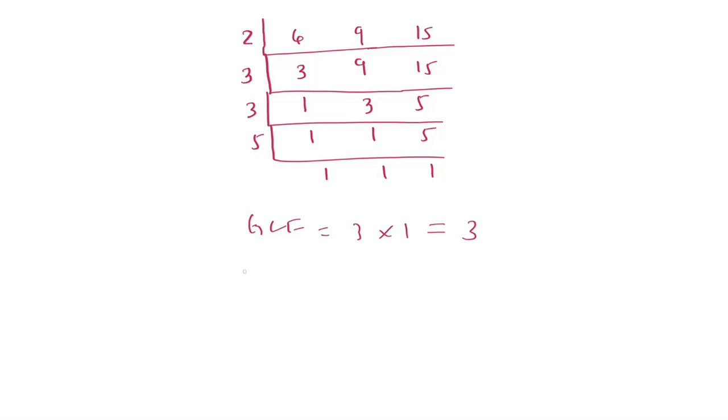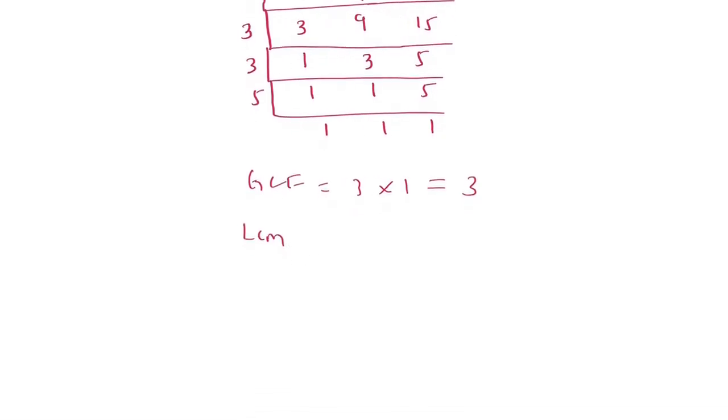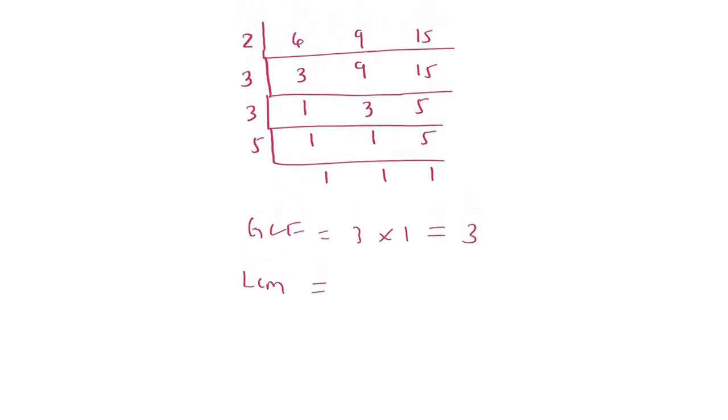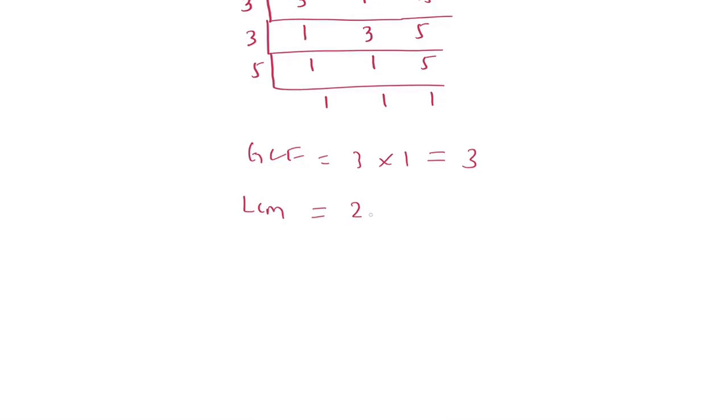For the LCM, we know that it is the product of all the factors. So we multiply all the factors. Here we have 2 times 3 times 3 times 5, and after solving, we have 90.